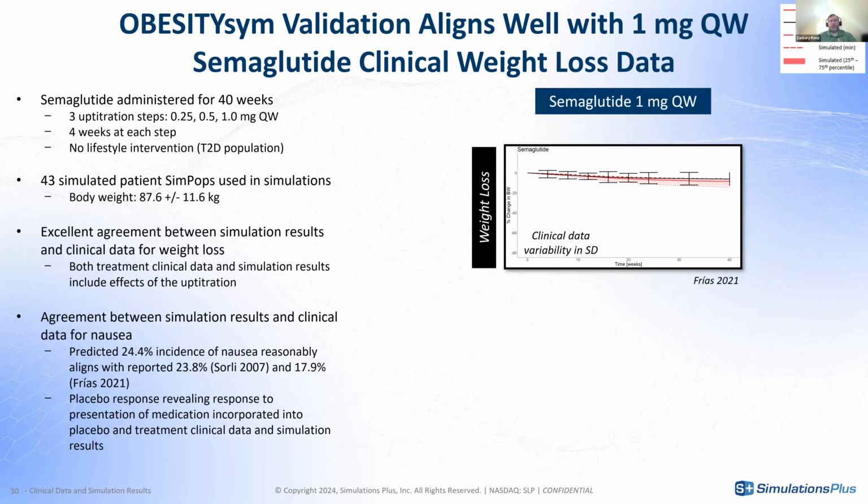And here, the body weight calibration in the figure, we're doing a pretty decent job. Again, a little bit over predict on the body weight response, but well within the margin of error in terms of the clinical data. And then the nausea incidence, again, in the text, in terms of what the simulated incidence is, around 24%, is aligned with certainly one reported data set, and then a little bit above, but I think still in alignment with the FRIAS data set that's used for the body weight response. So again, that's a nice validation of what we put into the model can predict dose that we didn't explicitly include in calibration.